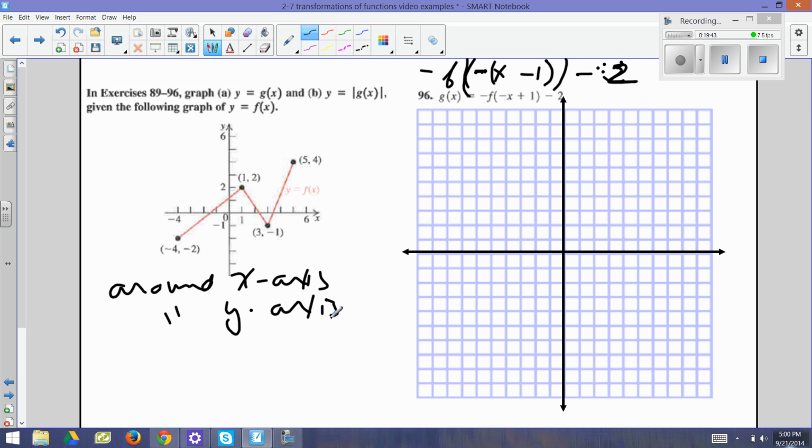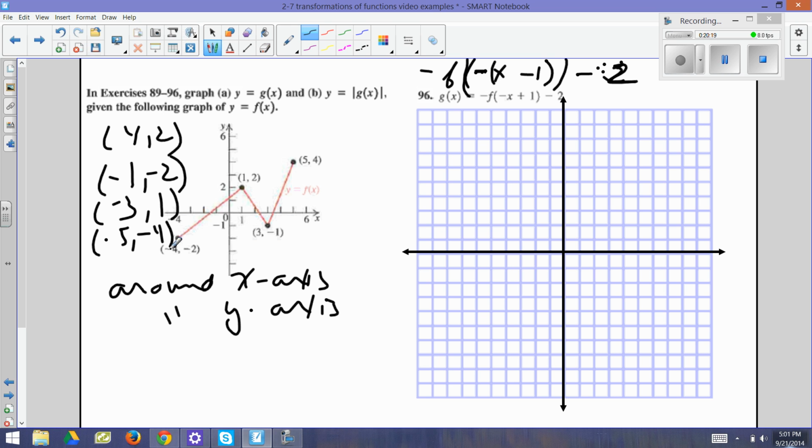So let me just start right there. So my points become, instead of -4, -2, 4, 2. 1, 2 becomes -1, -2. 3, -1 becomes -3, +1. And 5, 4 becomes -5, -4. So there's my negatives in front of the f, that's the y changing signs, and in front of the x changing sign.